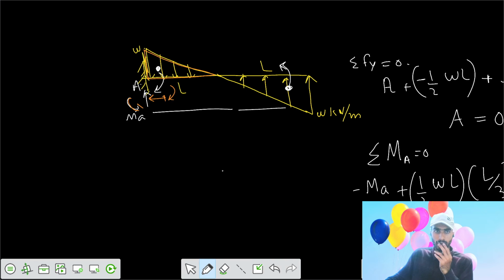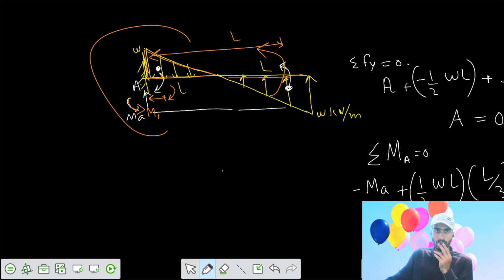Let's say the moment developed was m1, but because of this triangle, the same amount of load is there, but its perpendicular length from the point A is more, since it tries to rotate it anti-clockwise. So the final net moment would be in the clockwise direction.